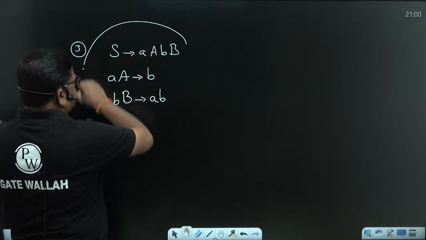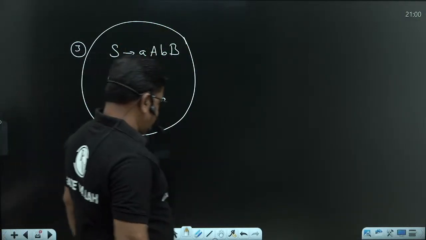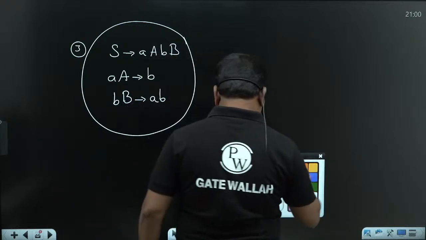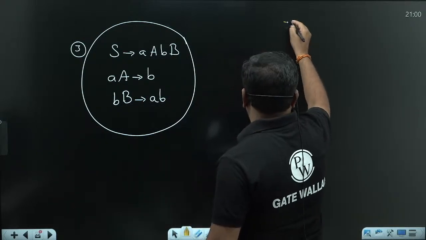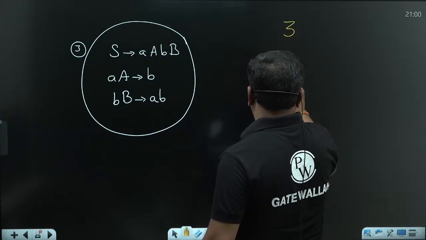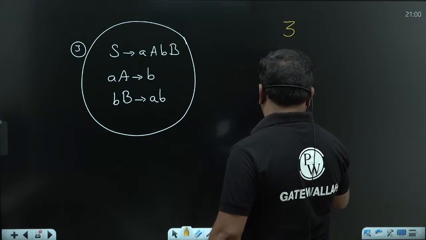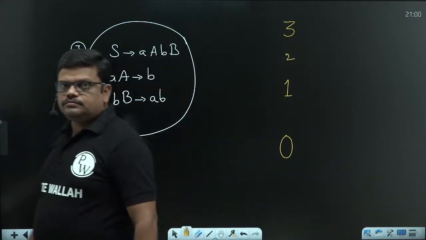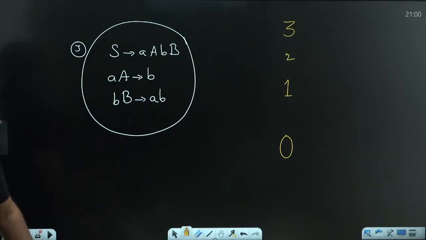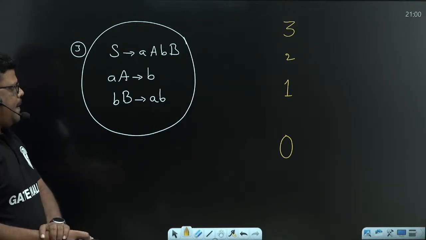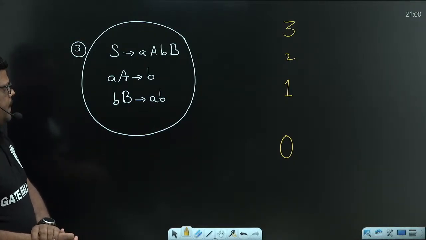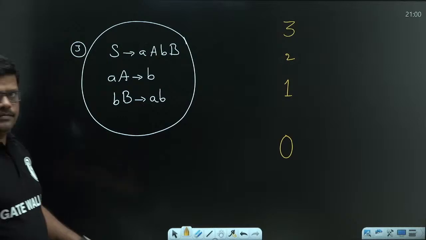Verify for this. What is the name for this grammar? Type 3, type 2, type 1, type 0. Start from type 3 onwards.